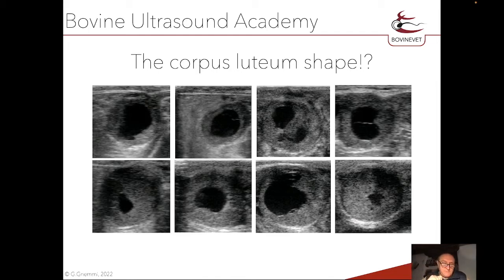No one has ever demonstrated a possible relationship between the shape and the size of the corpus luteum cavity and the risk of later embryonic death and or early fetal death. Again, the predictive value of this hypothesis is extremely low.